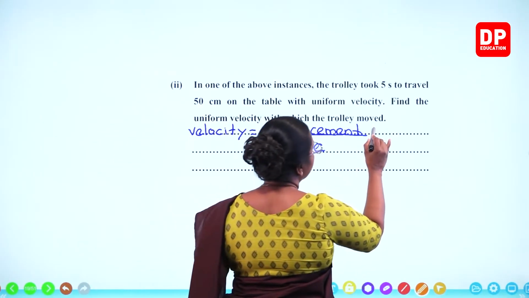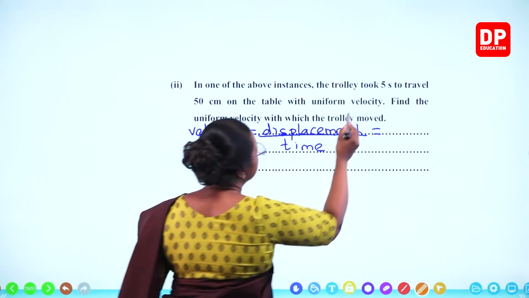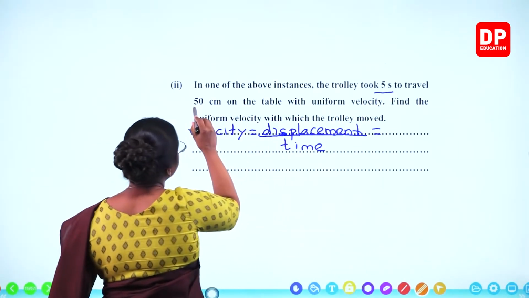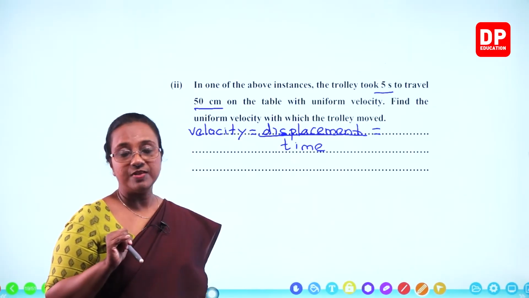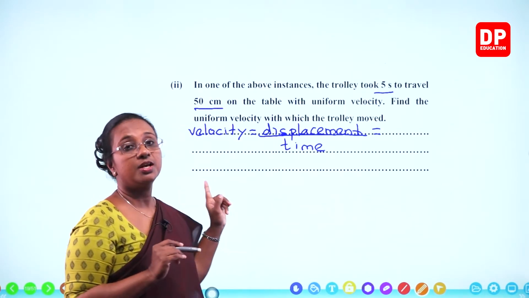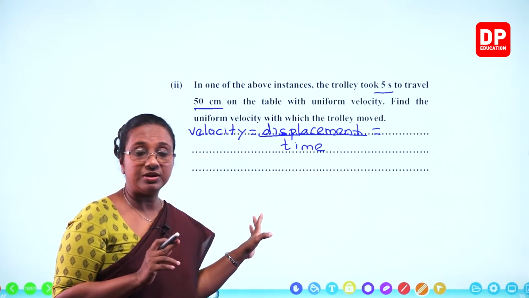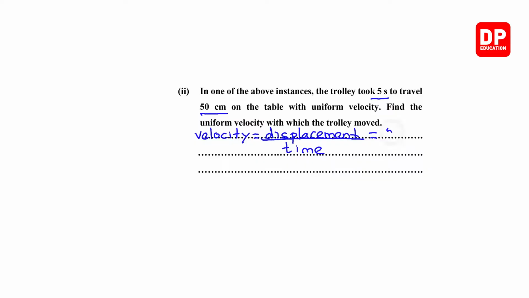Now here you can see the time is given as 5 seconds and the displacement is given as 50 centimeters. And they have said it's uniform velocity. So there, you can directly use these units. It's not the standard unit, but since it's given this way, you can use it as it is. 50 centimeters divided by 5 seconds.